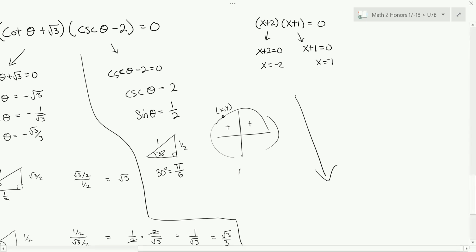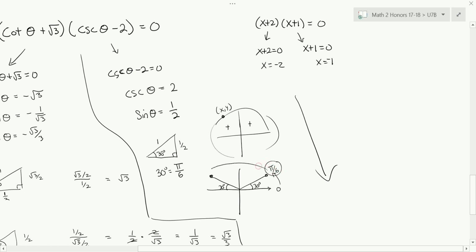So to get my answer, I put a reference angle of 30 degrees in both quadrants 1 and 2. And I'm looking for those angles in radians. Well, here's 0 radians, and I'm going to the right pi over 6, so 30 degrees we know is pi over 6 radians.